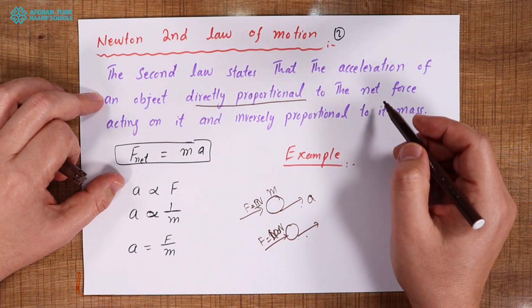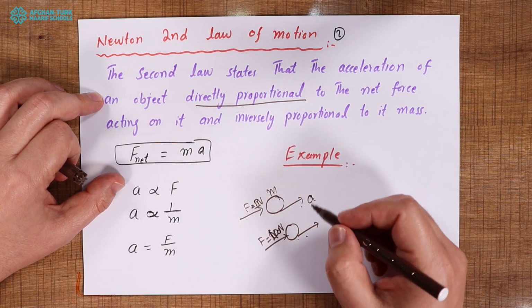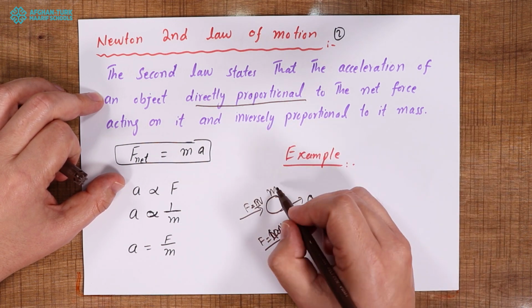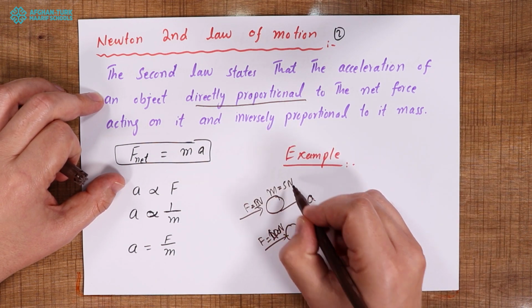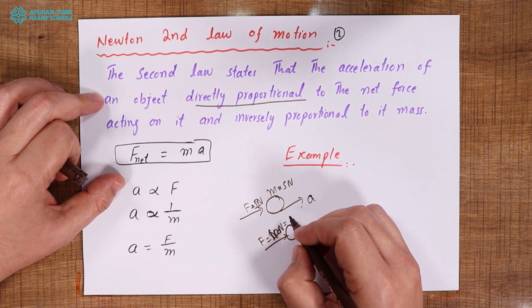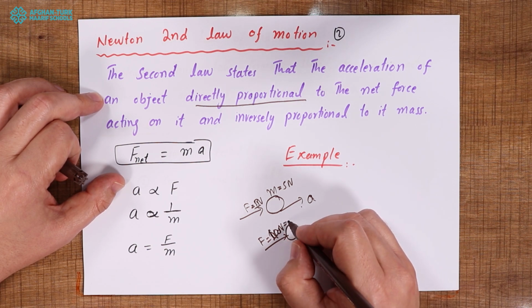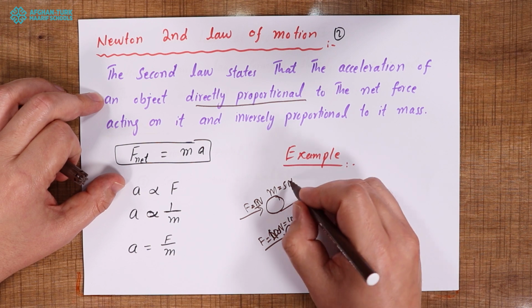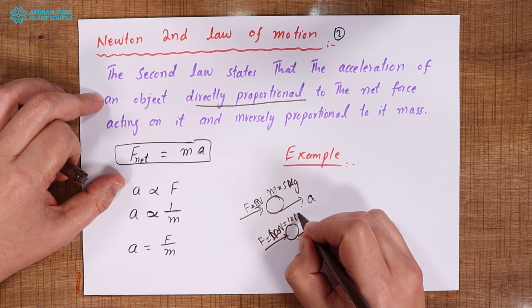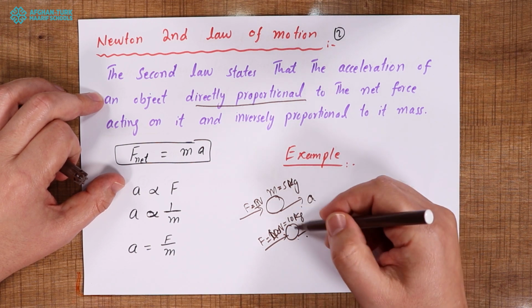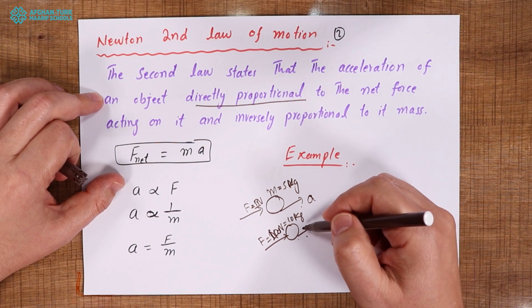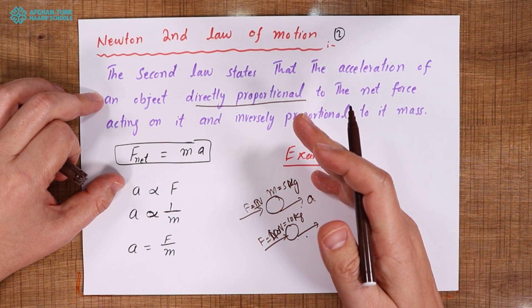In the second case, if we increase the mass, it is inversely proportional. Like if here is 5 kilogram and here is 10 kilogram, if we increase the mass, the acceleration decreases.